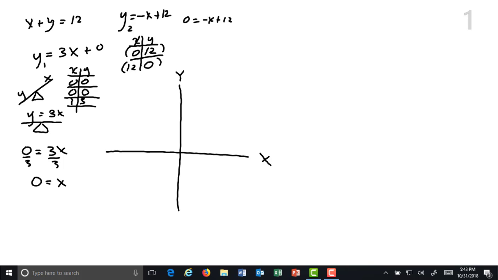Let's see, 1, 2, 3, 4, 5, 6, 7, 8, 9, 10, 12. And when y is here, this is 12. So this one's going to look something like this. And that would be the graph of y2.